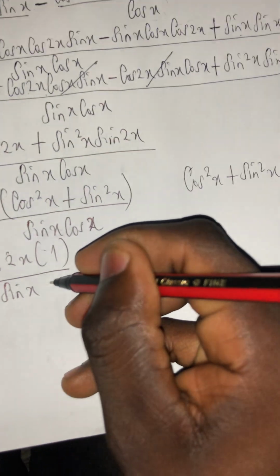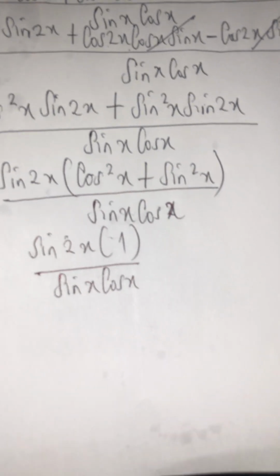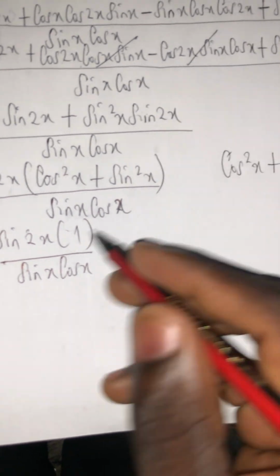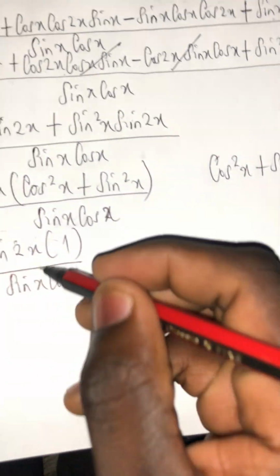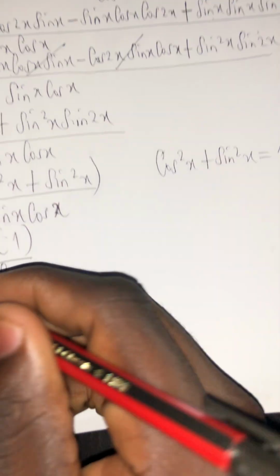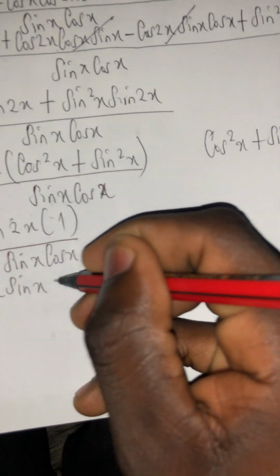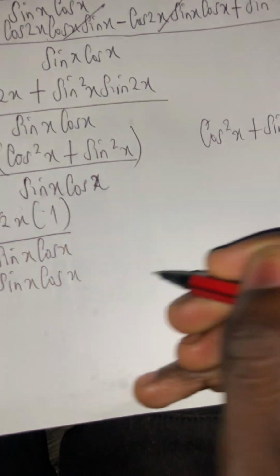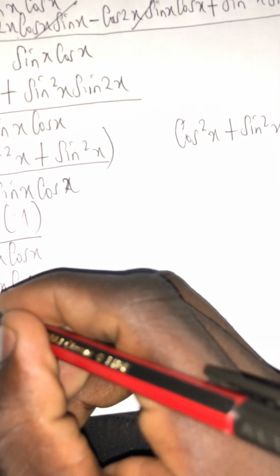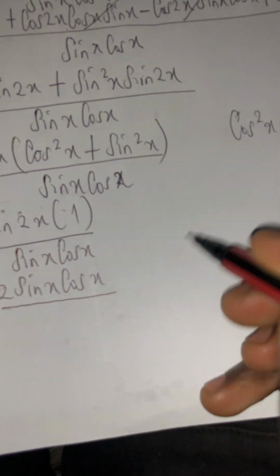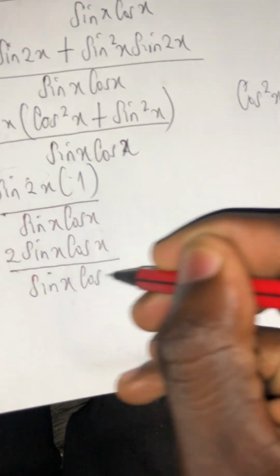Okay, at this point now I'm going to use a double angle for sine 2x. This is a double angle, so its identity is simply 2 sine x cos x. That is the double angle for sine 2x. Then what I have as the denominator is sine x cos x.